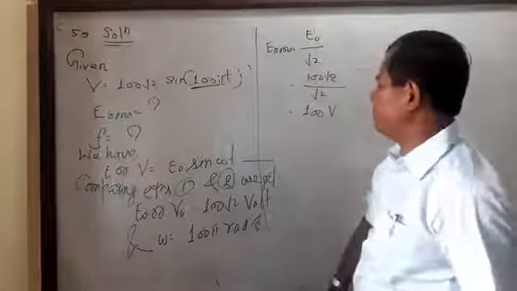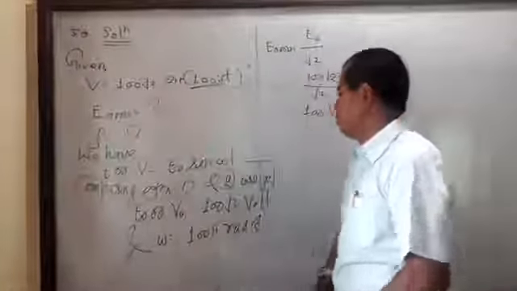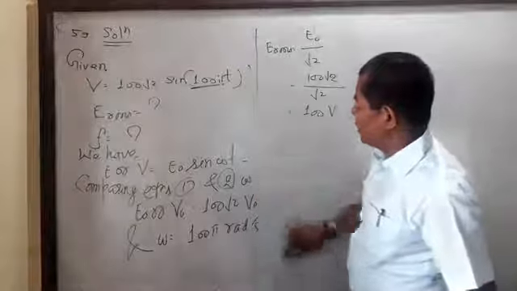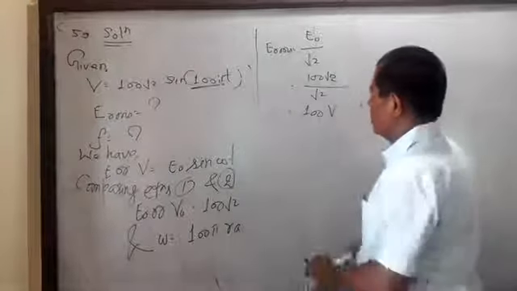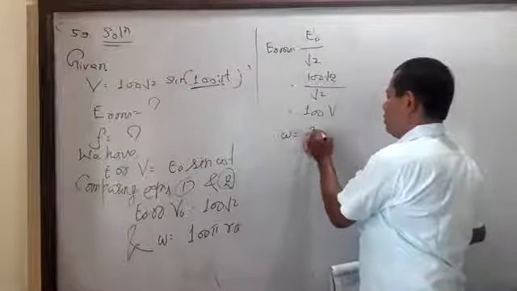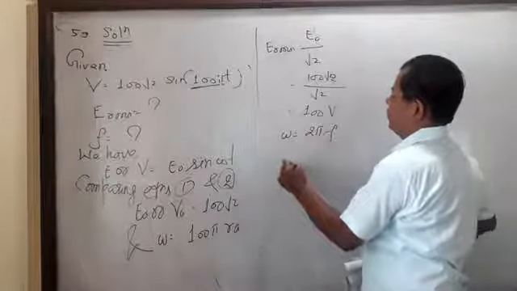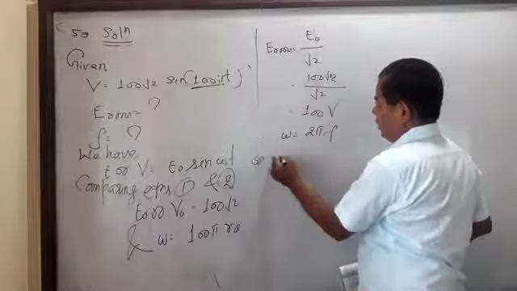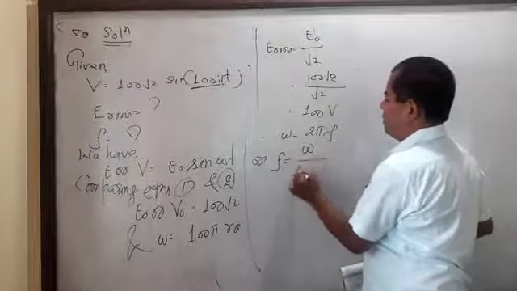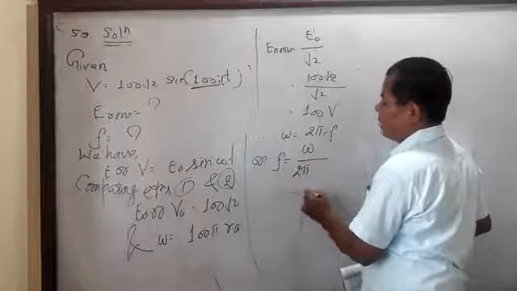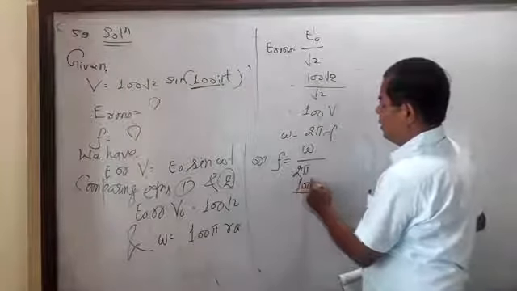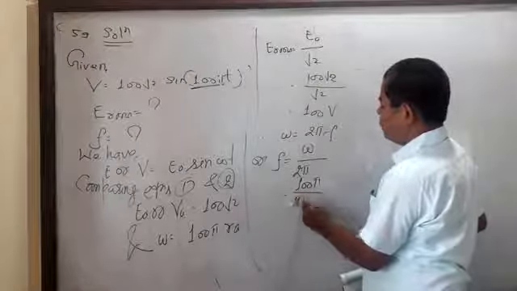Now second part, frequency. F is equal to what? Since omega is equal to 2 pi f, f is equal to omega divided by 2 pi, and omega has value 100 pi, so 100 pi divided by 2 pi.